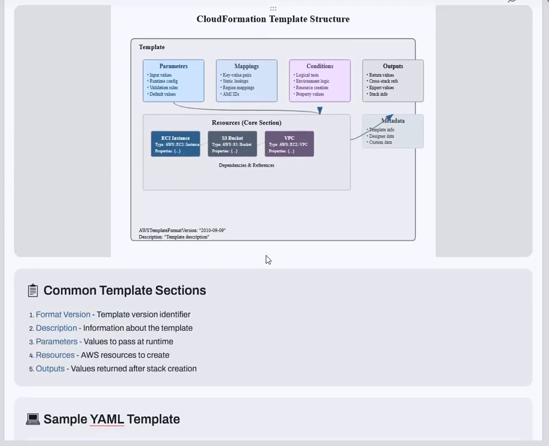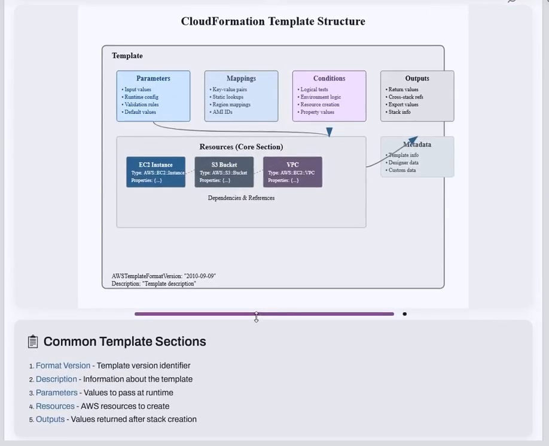So let's have a look at what sort of things are in the template. You have parameters, so you can have input values, runtime config, and validation rules. Then you can have mappings, logical conditions, and outputs. And then you can have template information metadata, and the resources section is the core section.